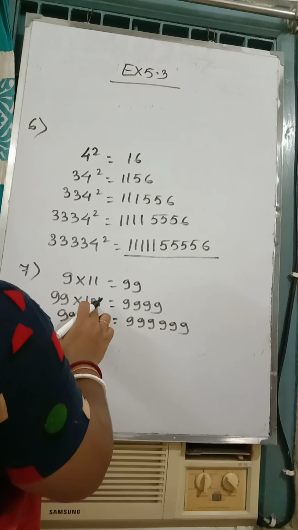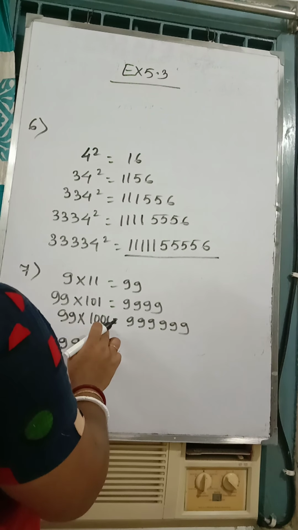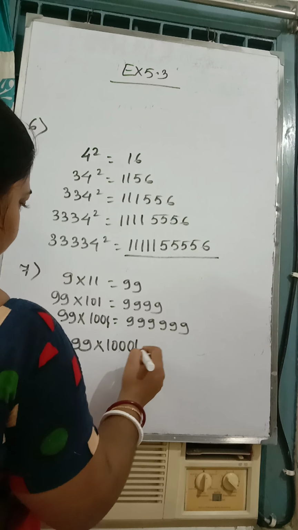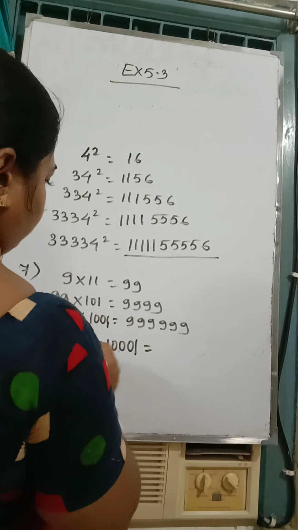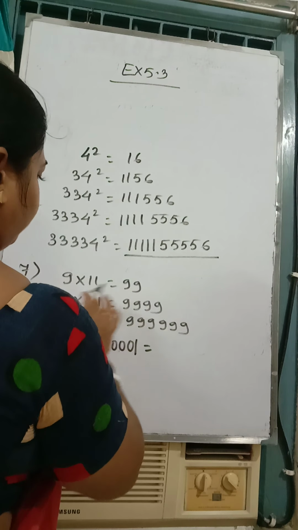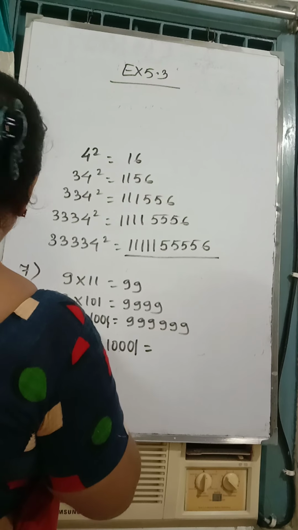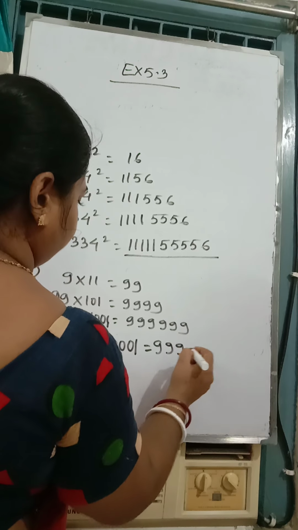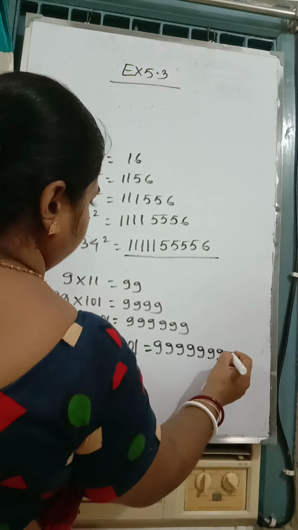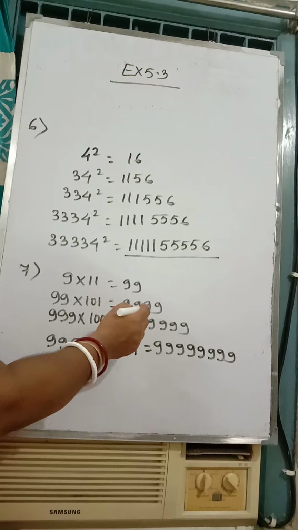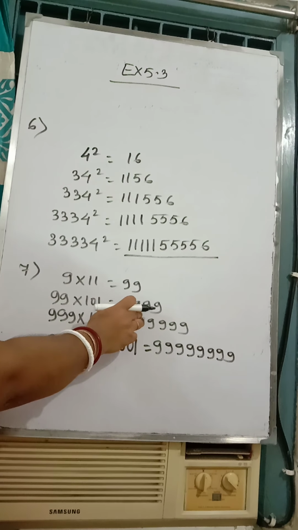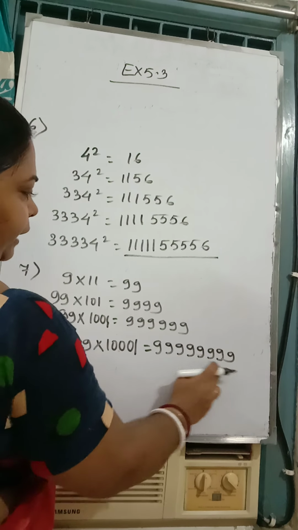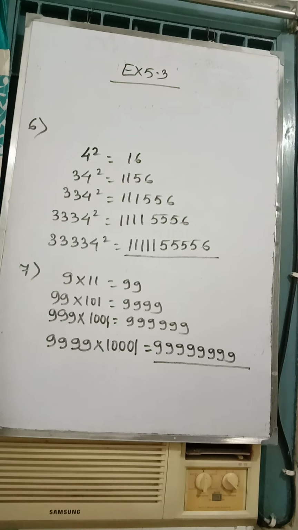See, 4 nines into 3 zeros and 1. So 1 nine, 2 nines, 2 nines, 4 nines, 3 nines, 6 nines. So 4 nines, it will be 8 nines. One's double is 99, 2 nines, 2 twos are 4. 3 nines, 2 threes are 6. So 4 nines, so you will have 8 nines. So this is question number 6 and 7.